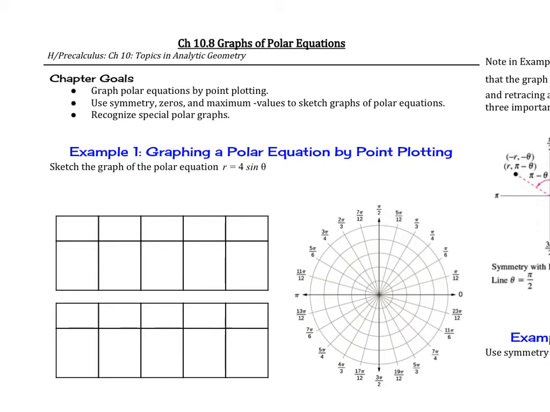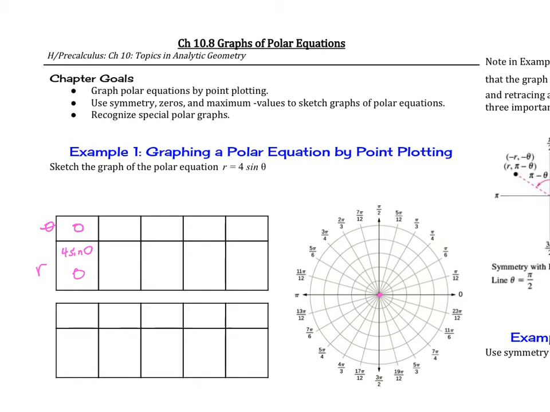So to sketch this graph, r equals 4 sine theta, we're just going to plug in some values. Let's start with 0. This is our theta here, and this will be our r. If we plug in 0, we have 4 sine 0, and that is 0. So we are here.